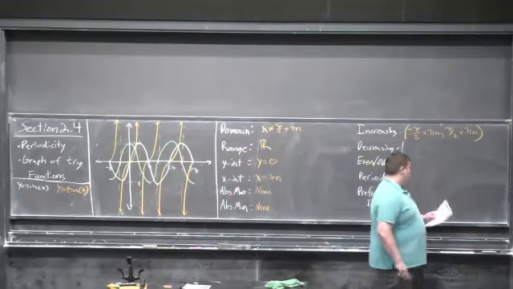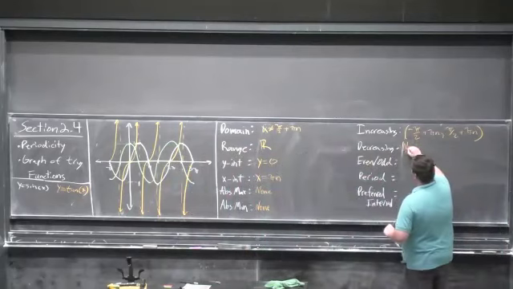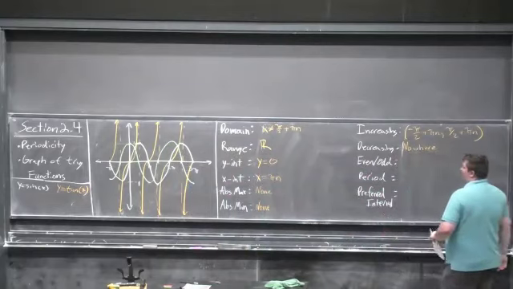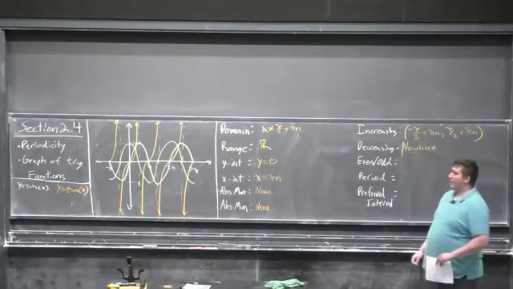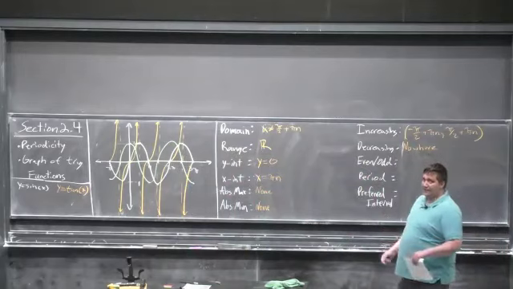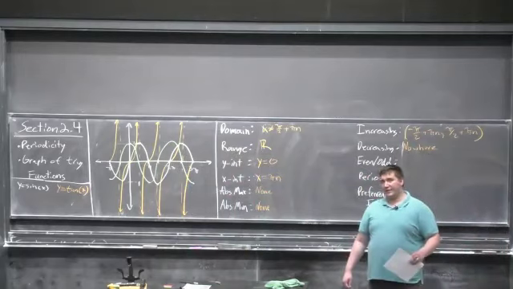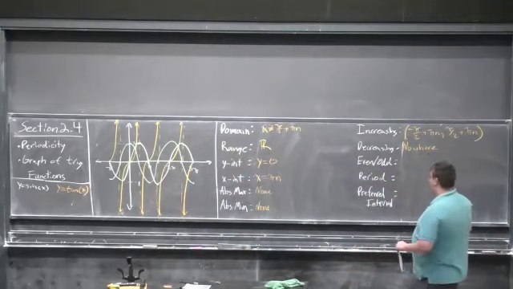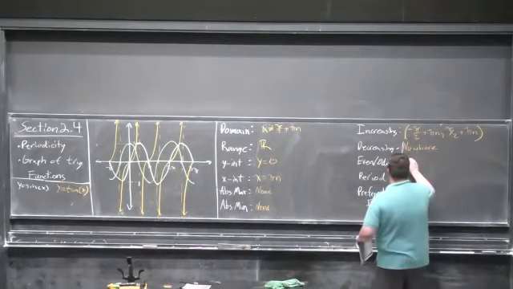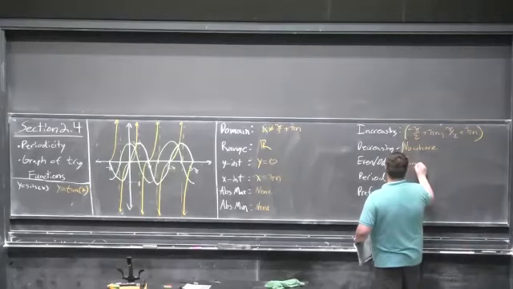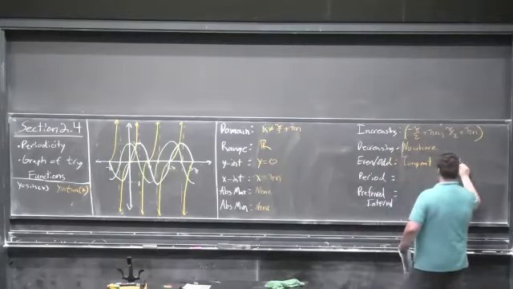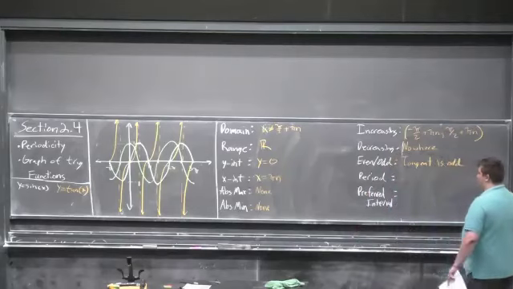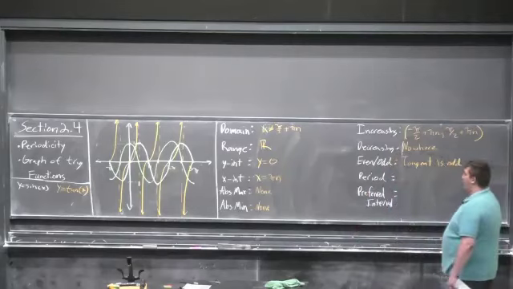Where am I decreasing? Nowhere. Am I odd or even? Well, if I have tangent of negative alpha, that is equal to negative tangent alpha, so tangent is odd. What's my period? Pi.